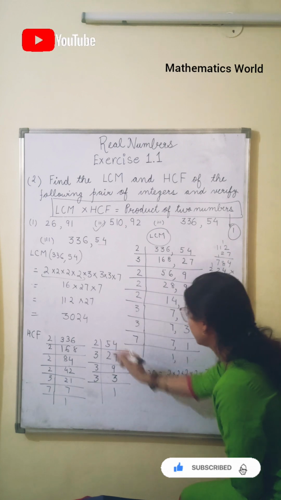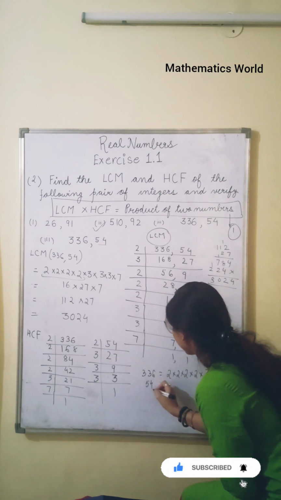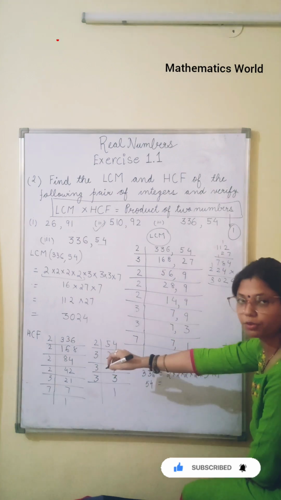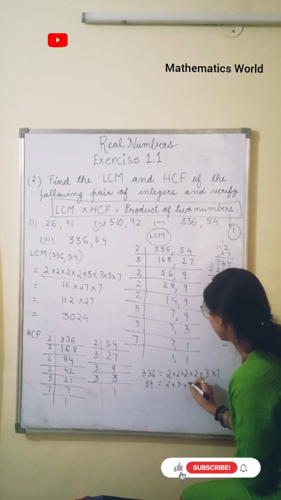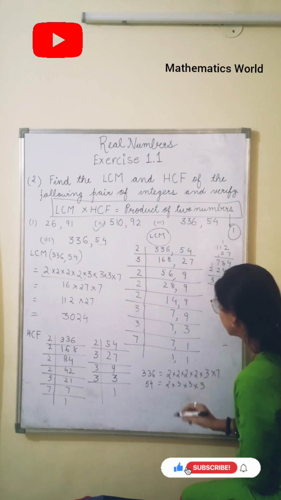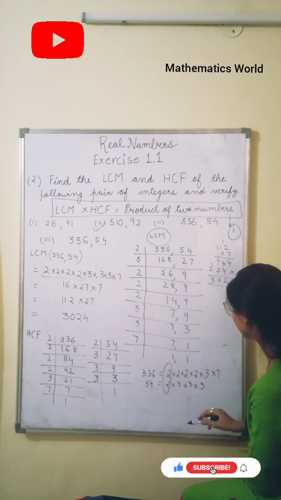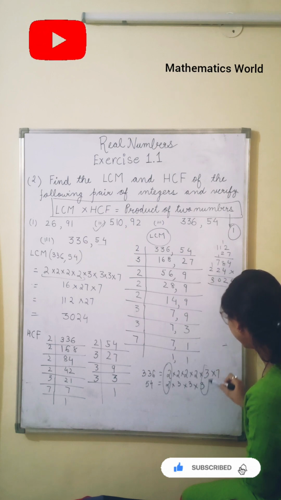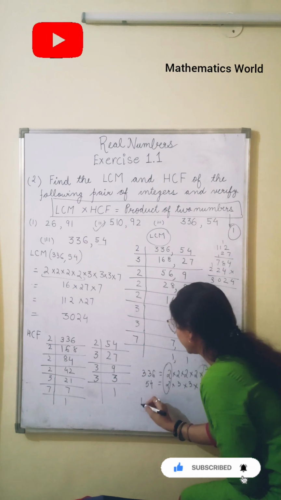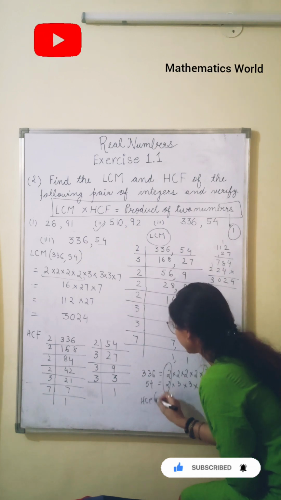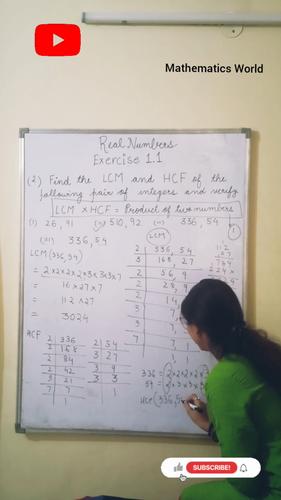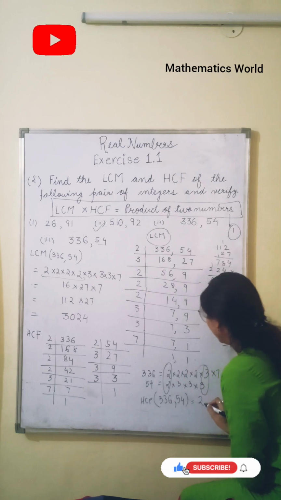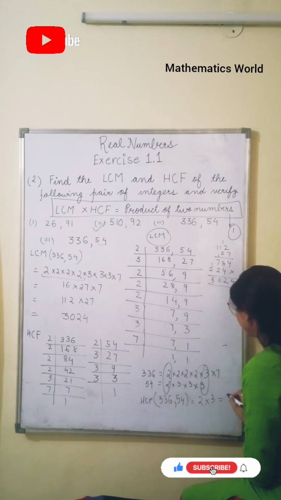We will write the prime factorization of 54. So it is 2 into 3 into 3 into 3. So let us take the common factors, 2 and here it is 3. So the HCF of both the numbers 336 and 54 is 2 into 3, which is equal to 6.